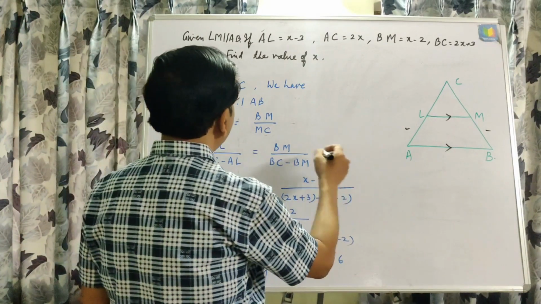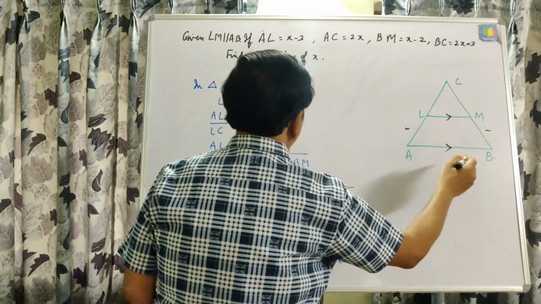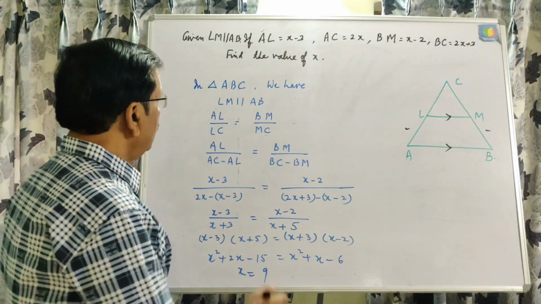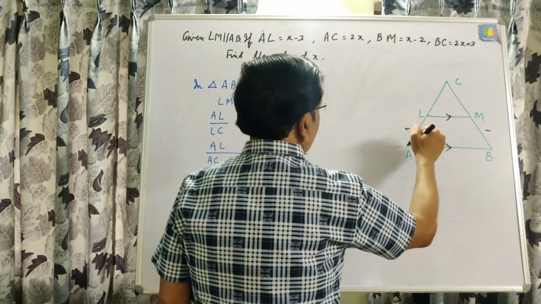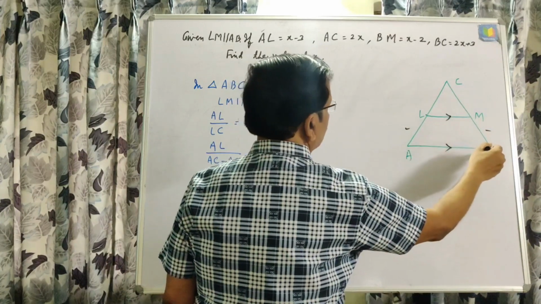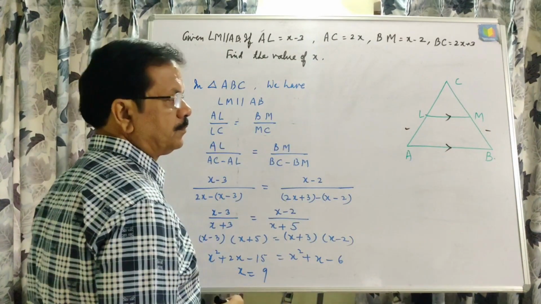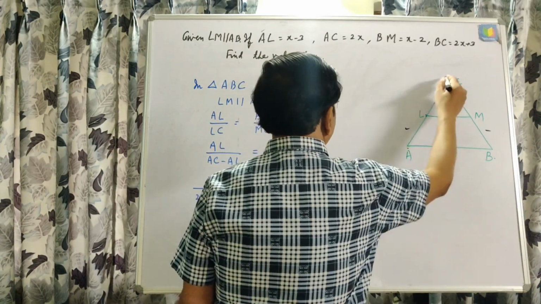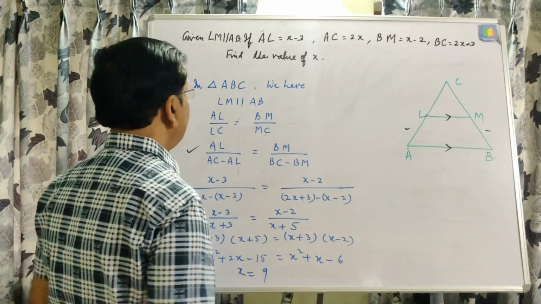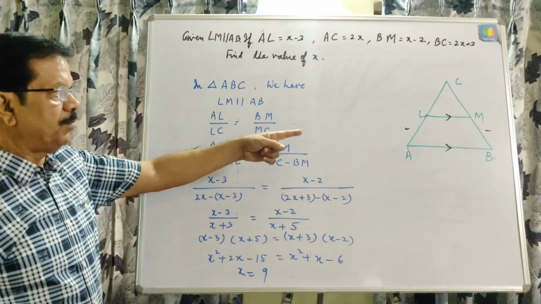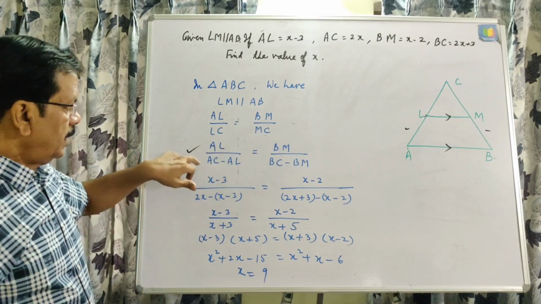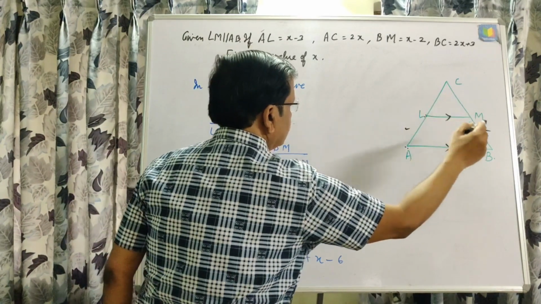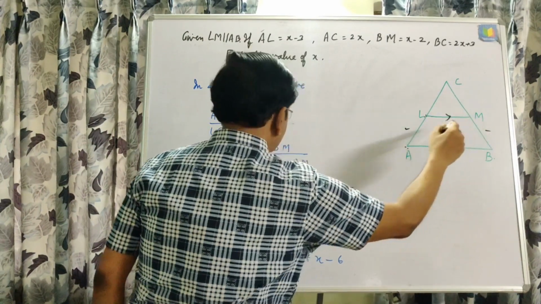Now in this triangle ABC, since LM is parallel to AB, so by basic proportionality theorem, AL upon LC is equal to BM upon MC. Okay, and LC is equal to AC minus AL, and in the same way MC is BC minus BM.